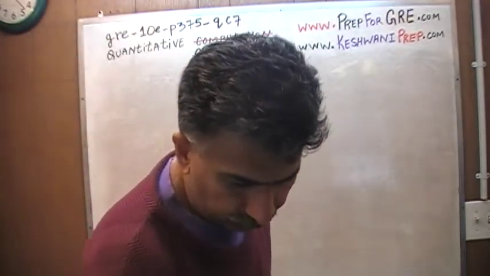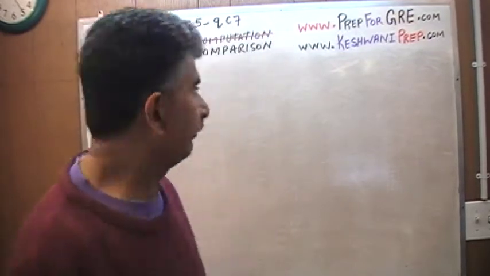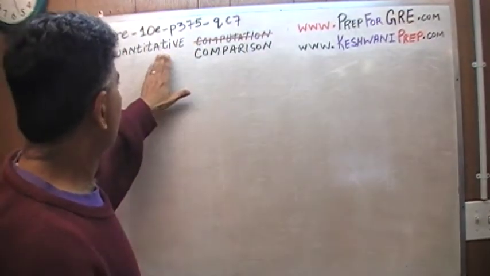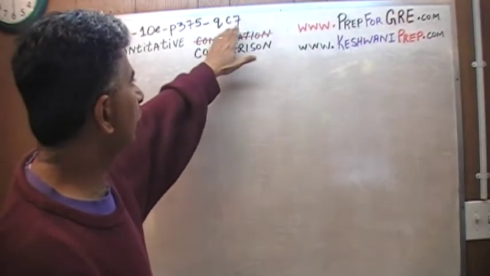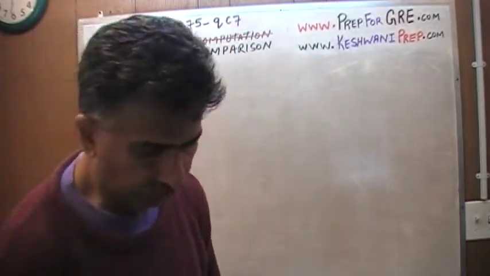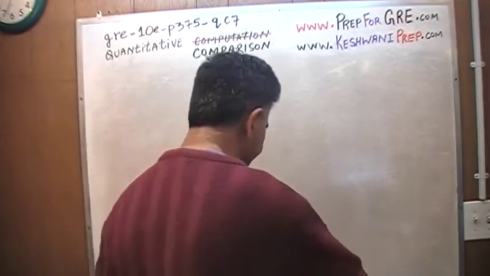The problem that I'm about to solve is the one that you're going to find on page number 375, quantitative comparison questions, hence the QC. Number 7, let's take a look at it.